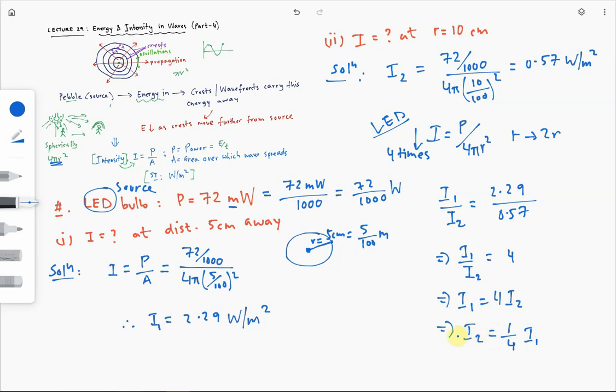So indeed the intensity decreased by a factor of 4 when you moved to a distance 2 times your original distance. I hope this discussion on intensity and energy in waves makes some sense. Thank you very much.